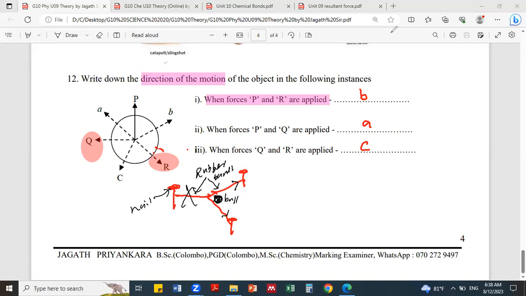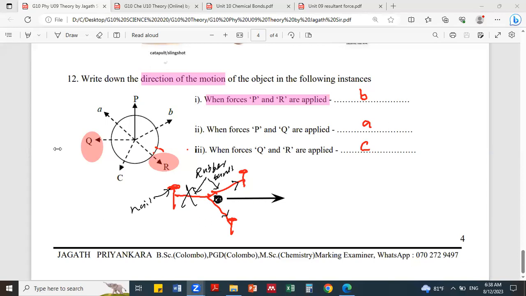It will move in a direction in between the two forces, because there is a tension on the rubber band. So it will move this way. This is the direction of the motion. It's the same as a catapult. Is that clear, students?